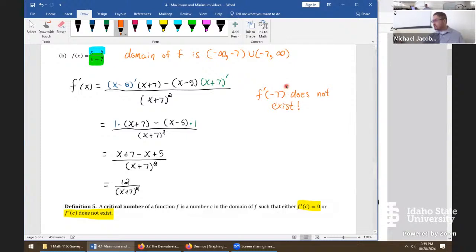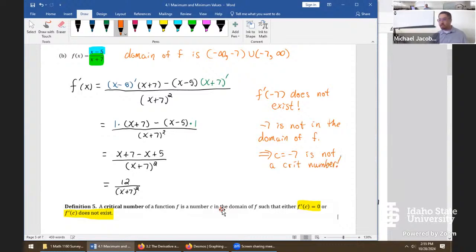So this now tells us -7 is not in the domain of F. So for that to be a real critical number, we had to have C inside the domain of F. And now we get to say, this implies C equals -7 is not a critical number.